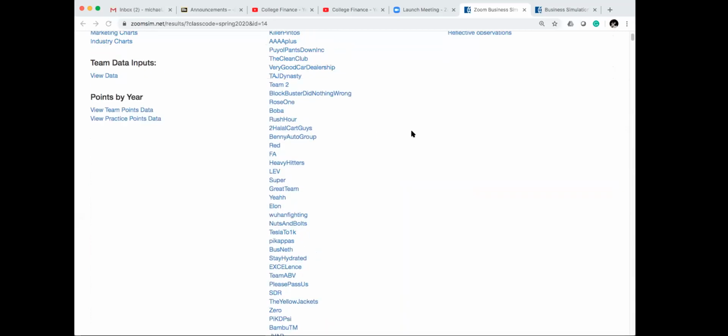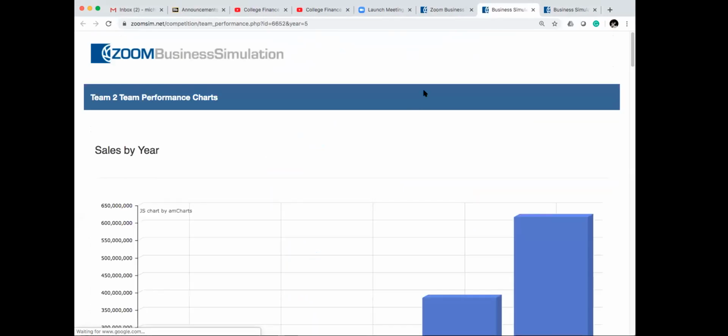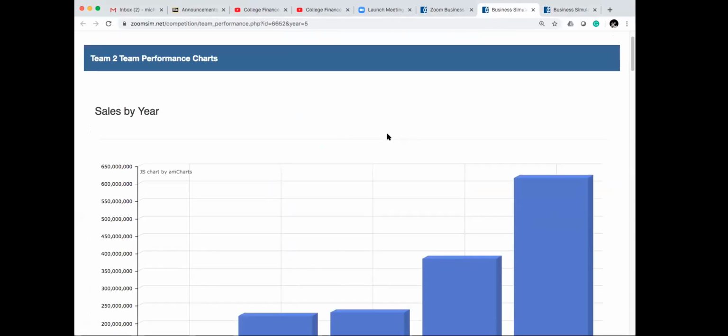So I'm going to go into team 2, my example team that I use to show you what I would do for each round, to walk you through each round.